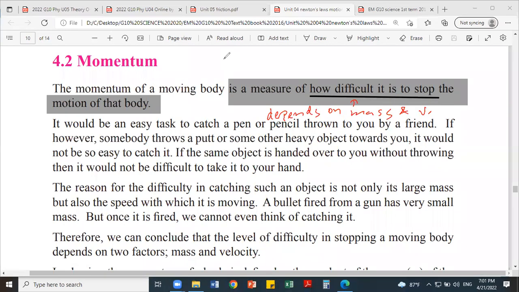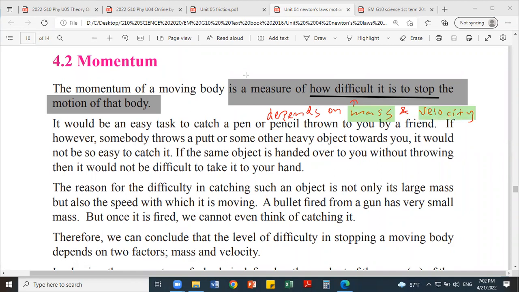Right, before you complete the theory note, I want you to understand this concept of momentum. So imagine now, if mass is zero, then momentum will be zero. If velocity is zero, then also the momentum will be zero.